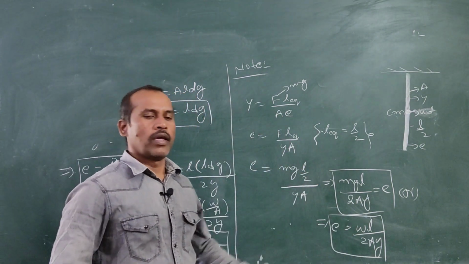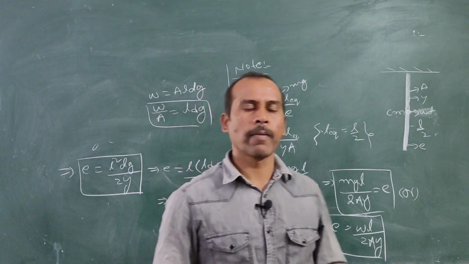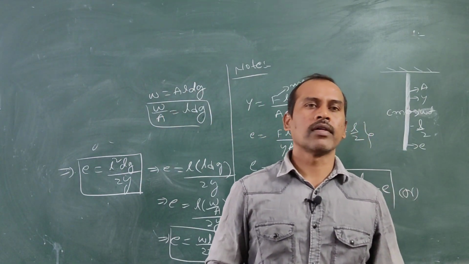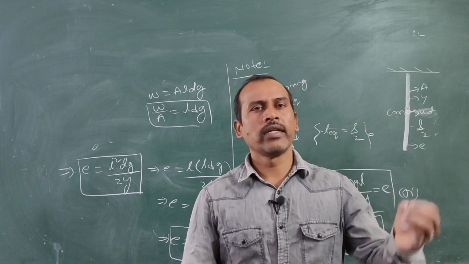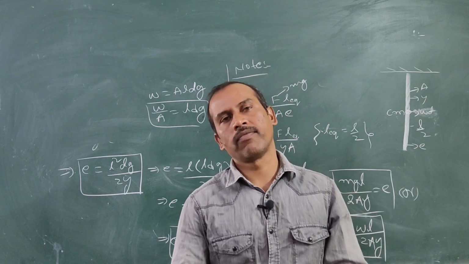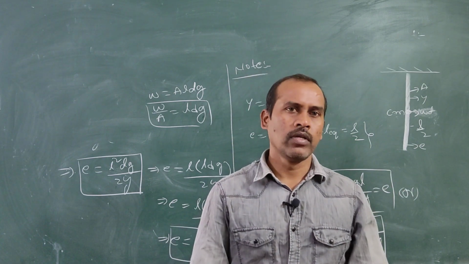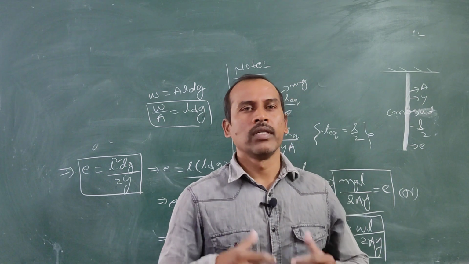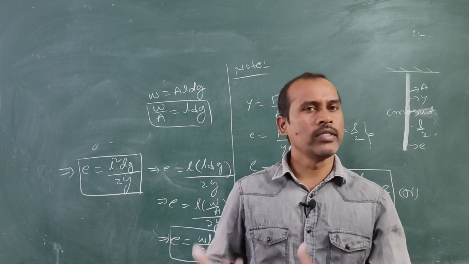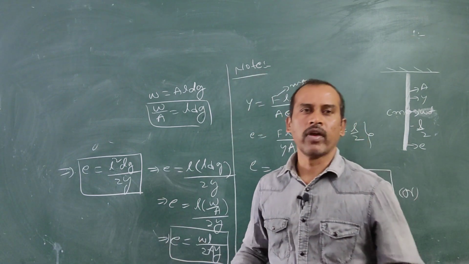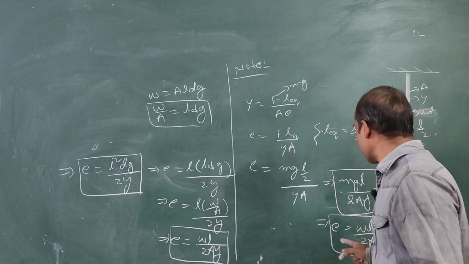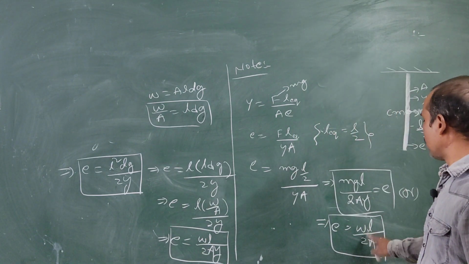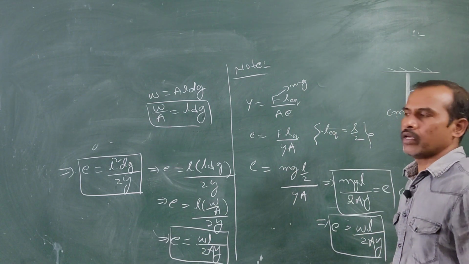We can also obtain it another way: the total weight is concentrated at the center of mass, effective length L by 2, Young's modulus Y is equal to FL by AE, so E is equal to FL by YA. Substituting, we get E is equal to WL by 2AY.